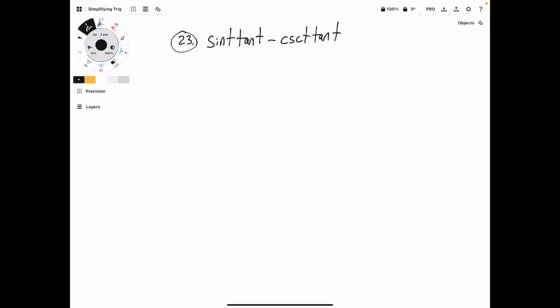For question 23, we have sine t times tangent t minus cosecant t times tangent t. This problem is similar to the previous one, where all we really need to do is rewrite everything in terms of sine and cosine. So let's do that here.